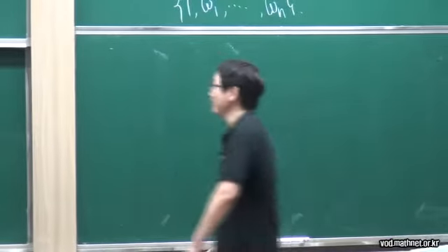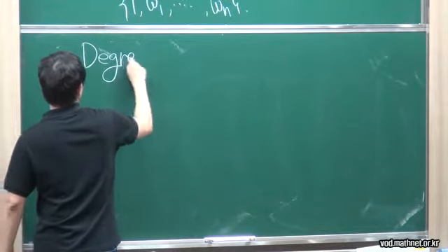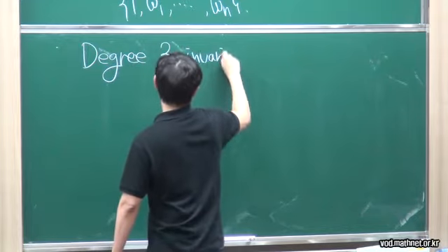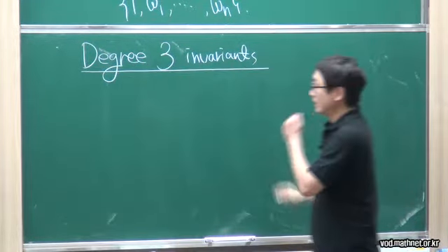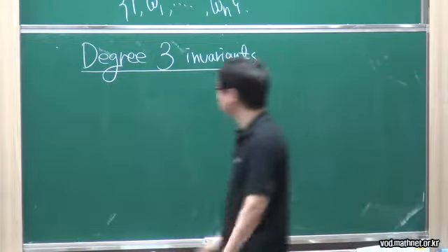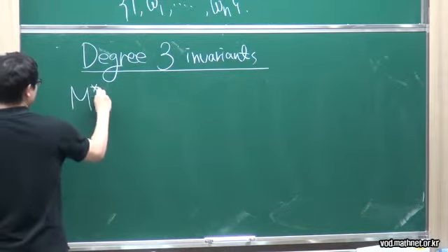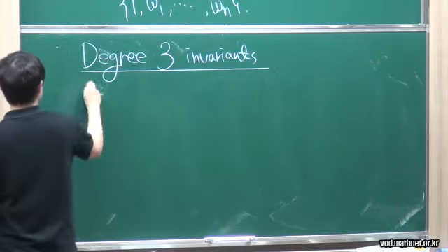Now we move to degree 3 invariance. Again, G is semi-simple.